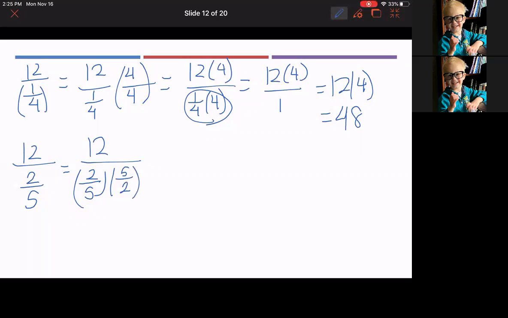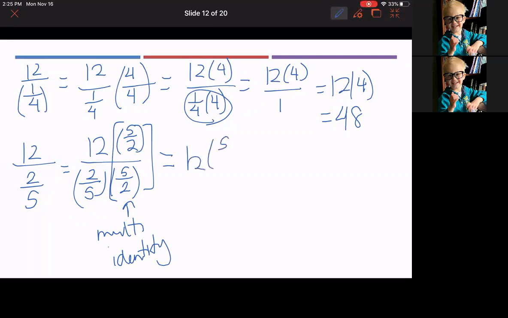And so since I multiplied the denominator by 5/2, I got to multiply the numerator by 5/2. This is my multiplicative identity. And so now we have 12 times 5/2. And in the denominator is 2/5 times 5/2. Again, they just multiply to 1. And so I'm left with 12 times 5/2.